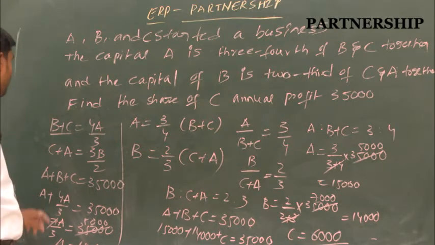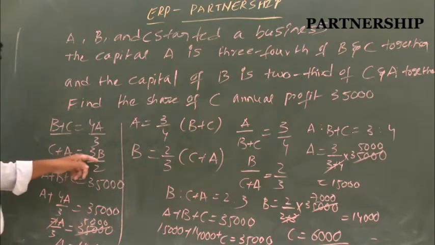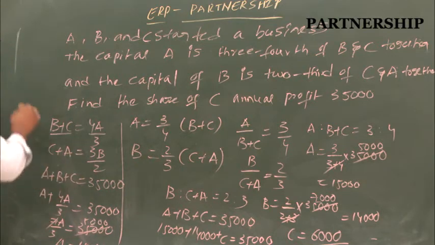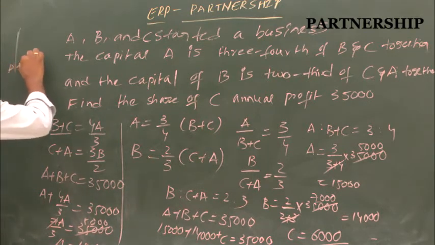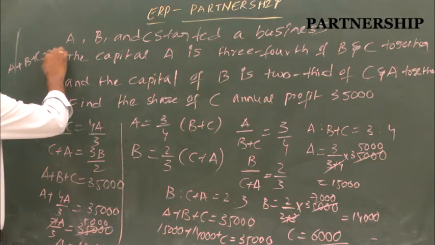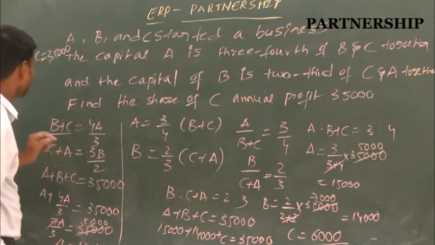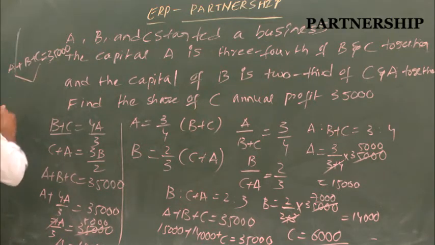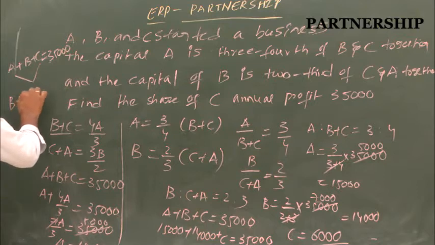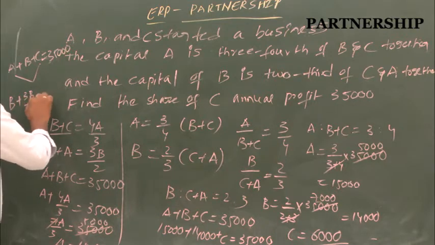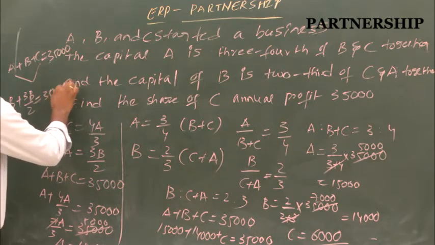If you want B's share, you know c plus a equal to 3b by 2, and a plus b plus c equal to 35,000. So b plus 3b by 2 equals 35,000.